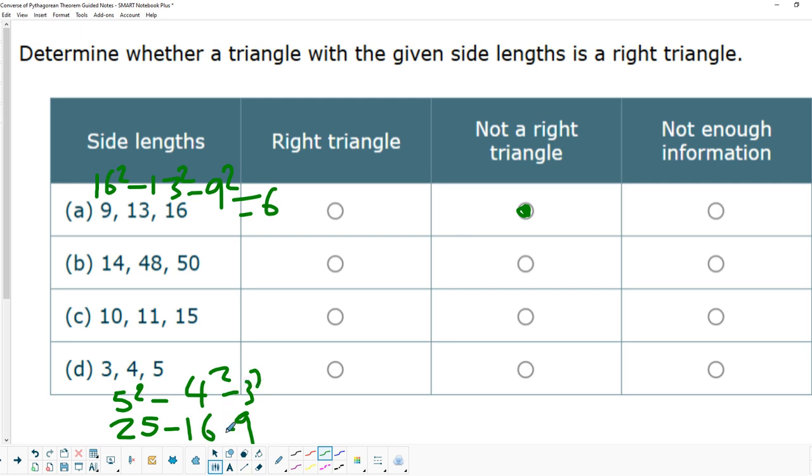All right, so 25 minus 16 minus 9. So 25 minus 16, subtract 9. That's 0. Oh, all right, so the bottom one is a right triangle. So the other two, B and C, you do the same way and figure out what you got.